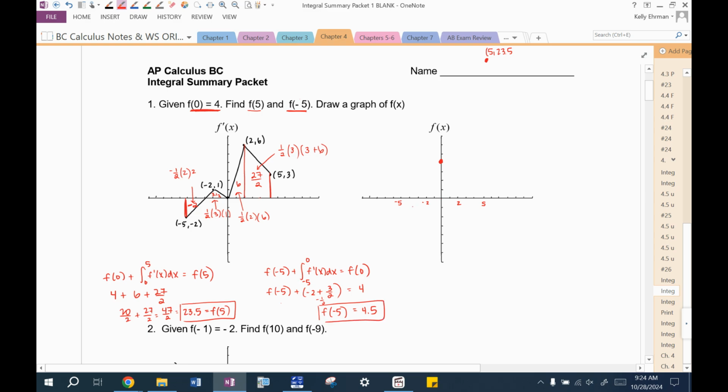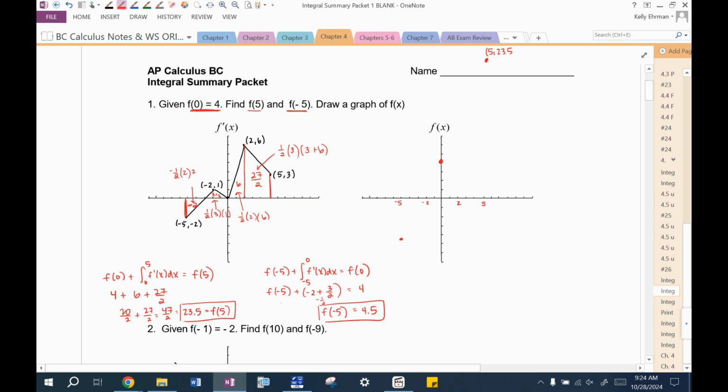So I can plot that. 1, 2, 3, 4.5 at negative 5. Oops, make sure I counted right. 1, 2, 3, 4, 5. Yeah, so that's about here. Okay. And then what about the other points? So like I said, I want to accurately place points at negative 2 and 2 because that's where some of the graph changes over here. Or actually, let's see, I can do more than that.